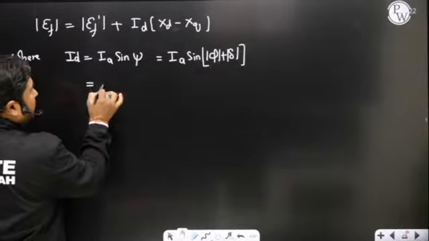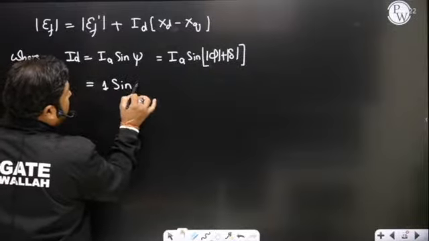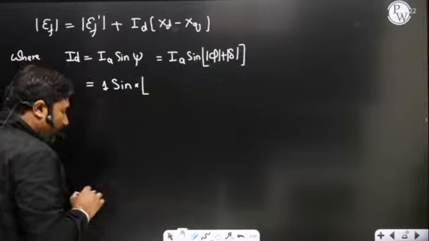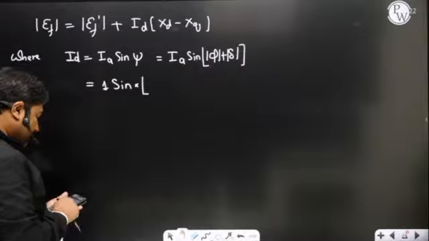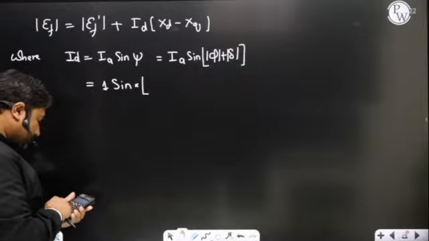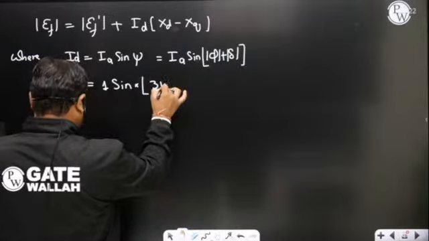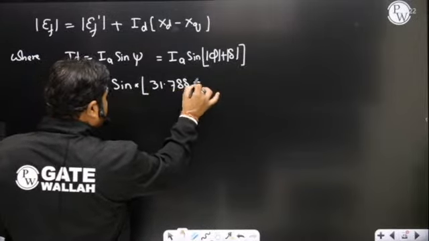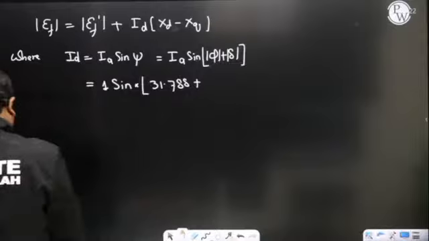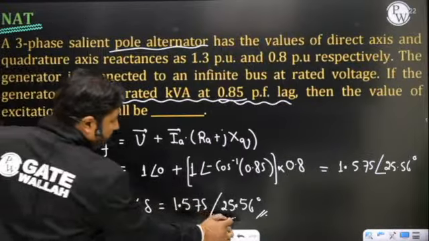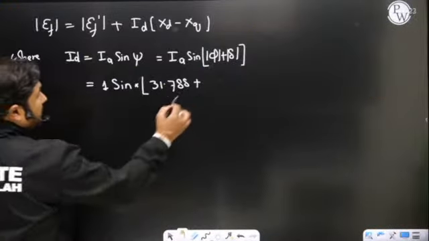IA is given as 1 per unit. Phi is cos inverse 0.85, which is 31.788, plus the load angle delta we have calculated here, that is 25.56. So you can just put it here.